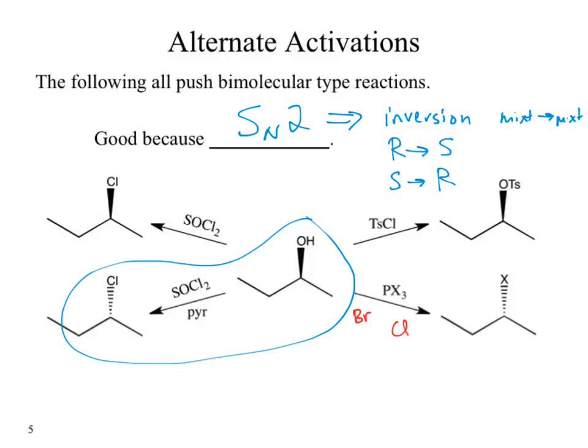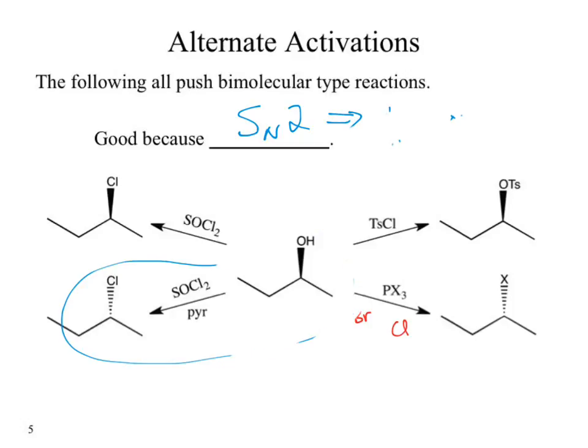Top right corner. Ooh, wait a second. Didn't we just say these were all SN2? Shouldn't that be inversion? What is going on up there? Where did the chemistry occur? At the oxygen.